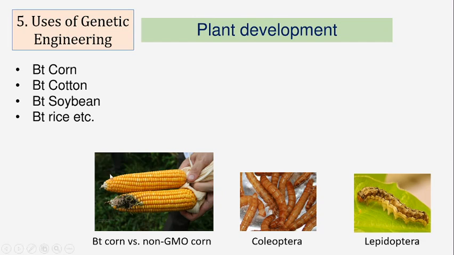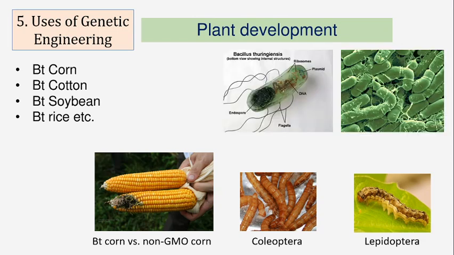So these are two prominent insect orders that attack corn plants, make them weaker and damage the plant, but they cannot attack BT corn. Why can't they attack BT corn? Because BT corn is a transgenic or GMO plant, which is produced by transferring toxic crystal protein genes from the Bacillus thuringiensis bacteria.